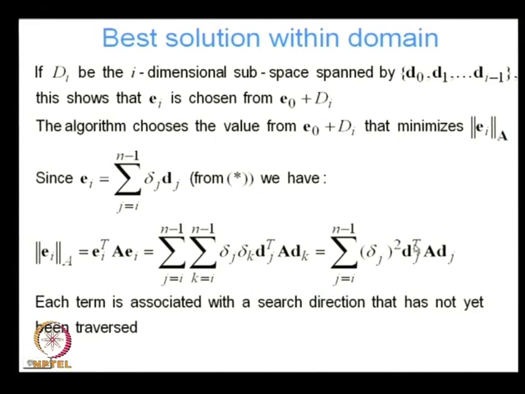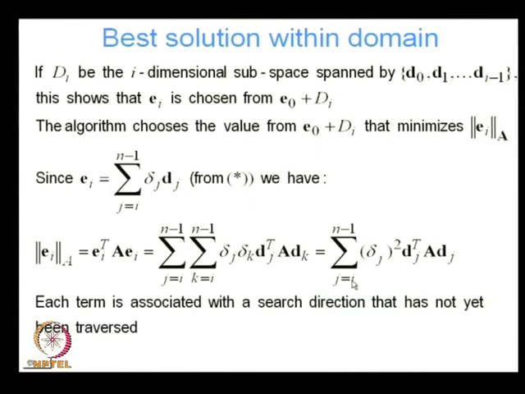So, now what does it tell me? Each term in this expression is associated with a search direction that has not yet been travelled. So, all the remaining error after i iterations is associated with a search direction which has not been travelled, because what is the j index varying from?